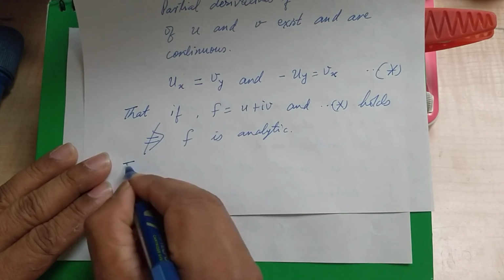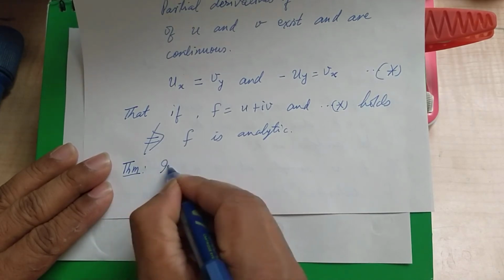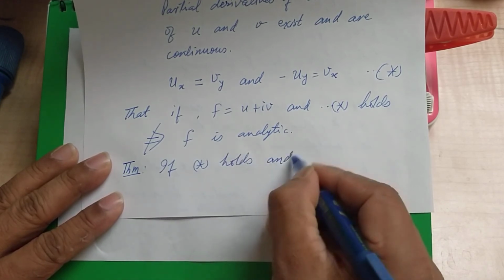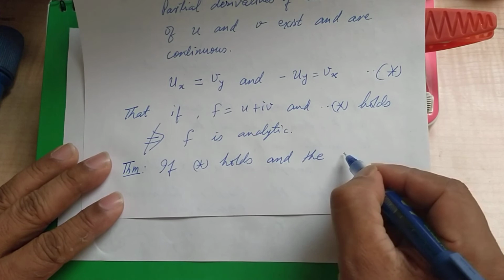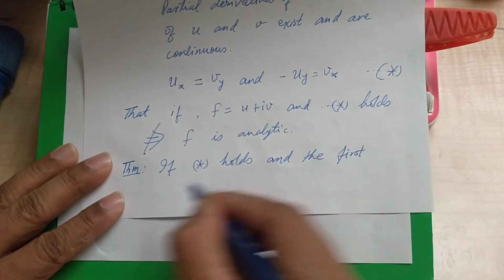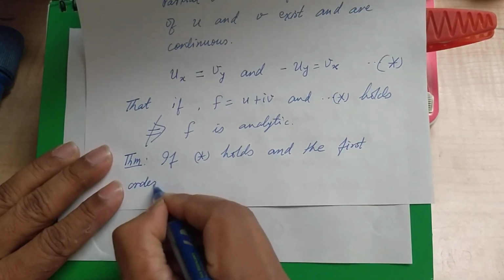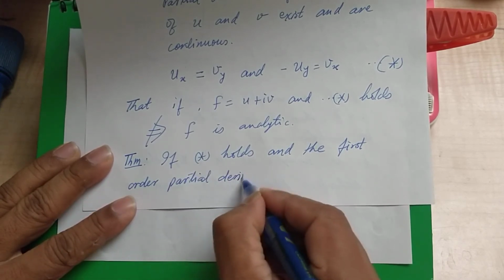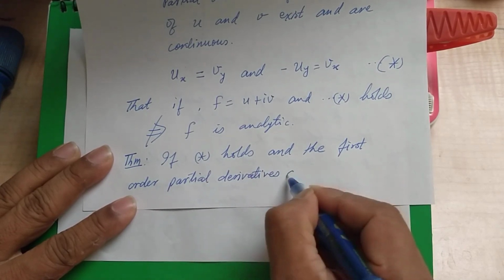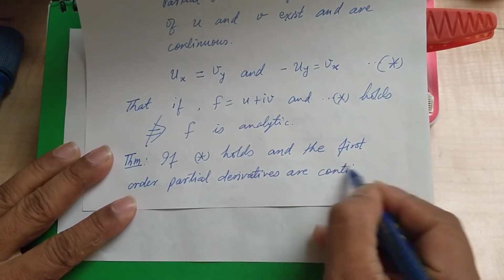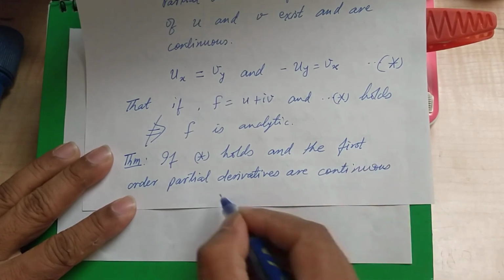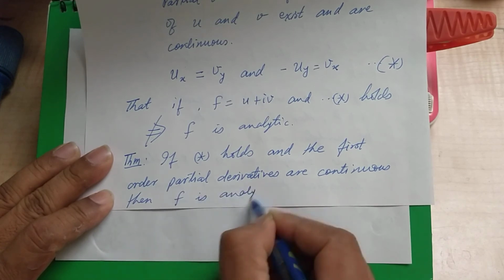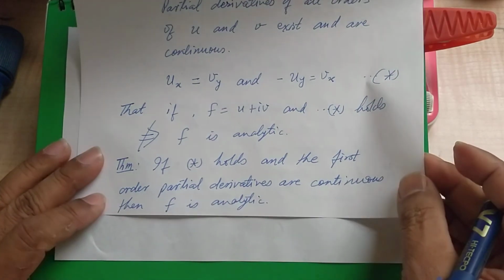So let's put it as a theorem. If star holds and the first order partial derivatives are continuous, then f is analytic.